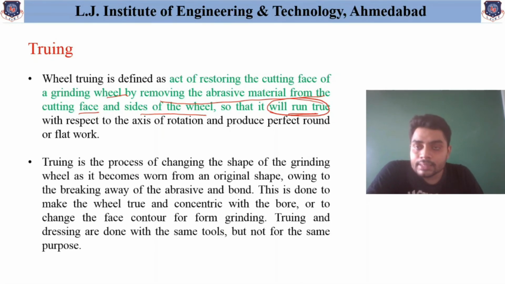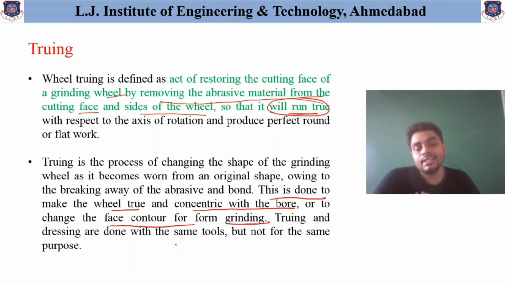Similarly, truing is the process of changing the shape of the grinding wheel as it becomes worn from its original shape, due to the breaking away of abrasive and bond, and this is done to make the wheel true and concentric with the bore, or to change the face contour to form grinding.